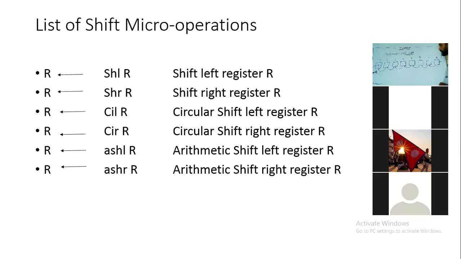Okay, so suppose if you have a number 0 1 1 0 0 1 0 0. Now perform arithmetic shift left. तो हमारे पास जो आउटपुट आएगी, what will be the output? 0 0 1 1 0 0 1 0. This will be the output.